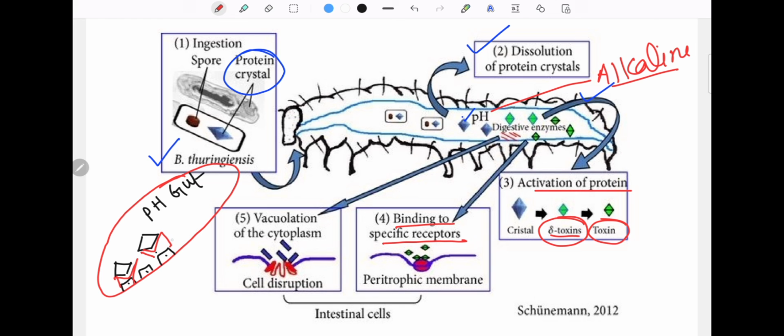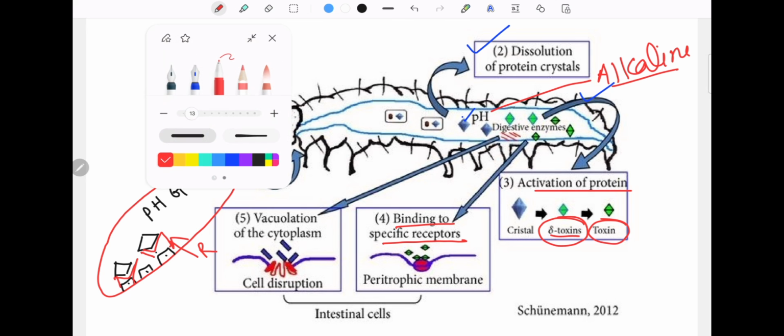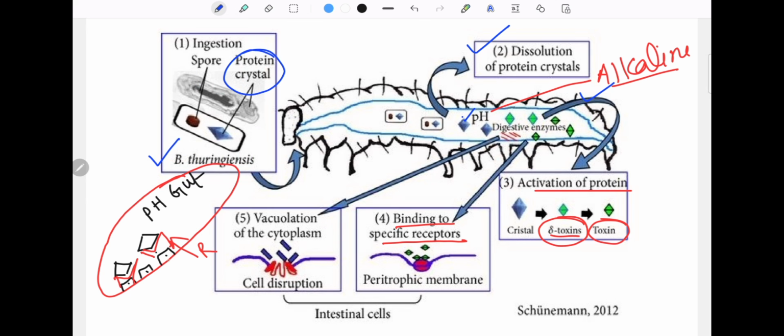The Cry proteins bind with the receptors, and what happens? It creates pores here. So the cell membrane gets disrupted. This occurs, and that is why the whole insect dies. So this is the scenario of Bt cotton, and this is a really very important topic.